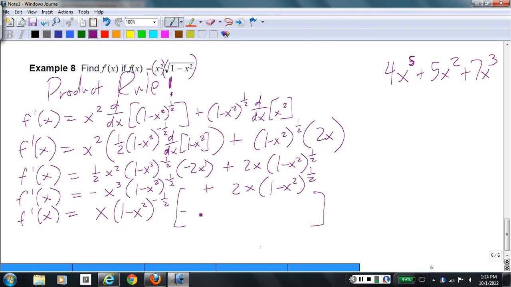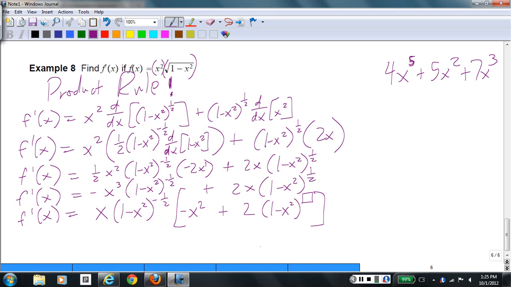I bet we need a negative sign. We need an x squared. Plus 2. Yeah, we're going to need a 2 there. Times 1 minus x squared to what power, so that if I add negative 1/2 to that power, I get positive 1/2?